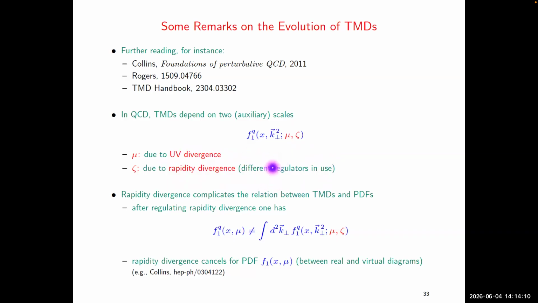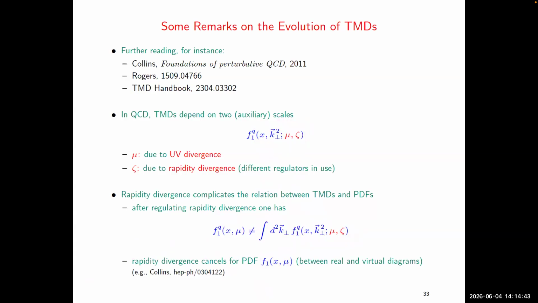It's not unique. This has certain complications, and one of them, which is definitely a qualitative result I want you to take away, is the following. If you have managed to introduce all these regulators to come up with a TMD which is literally well-defined, which anyone can take, either a model calculator or someone on a lattice, and say, calculate this object in field theory, and everything is well-defined.